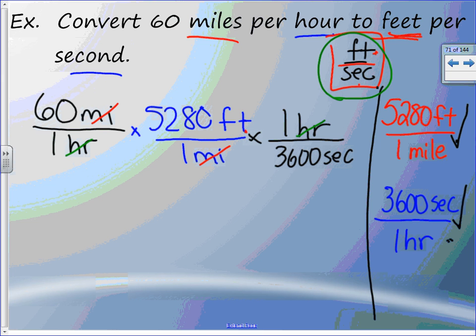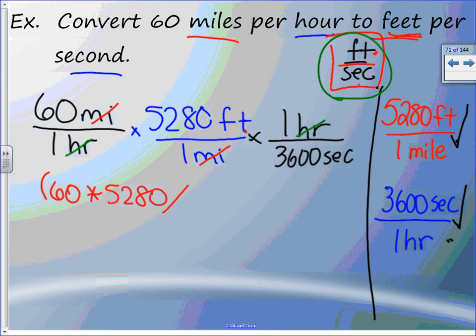Okay. Now, when you go to do the calculation, and again, our goal is to get these graphing calculators in our hands, this is what you're going to type in. Parentheses, 60 times 5280. Those are multiplied because those are in the numerator, and then we divide by what is in the denominator.